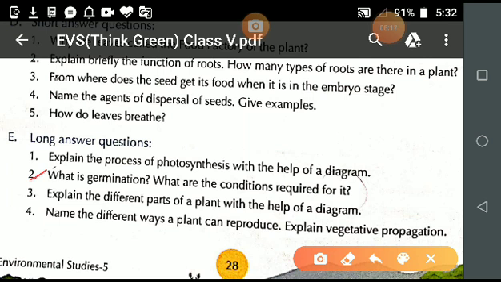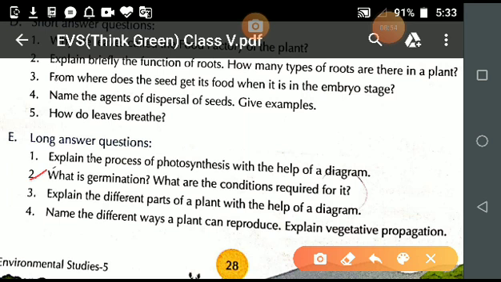Now, where is the stored food? In the seed. The stored food is in the cotyledons. And what is the reason for that? The reason is that when the baby plant comes out from the seed, at that time its roots have not entered the soil.